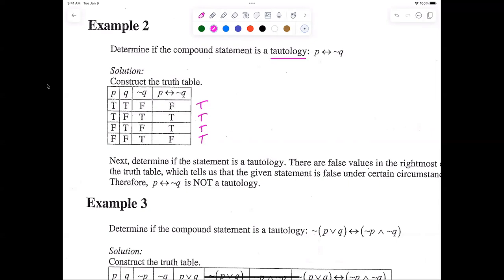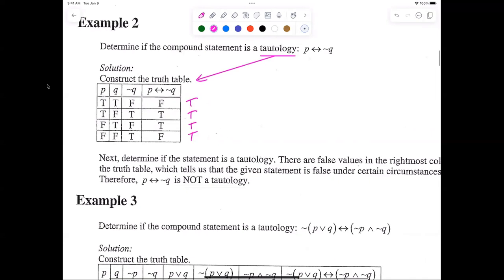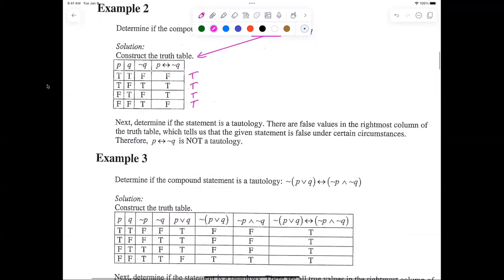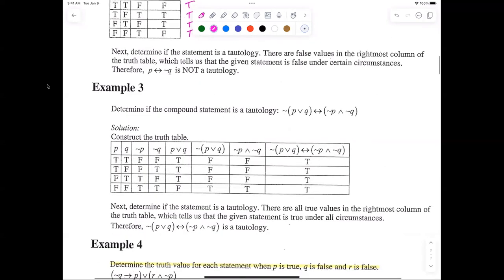So now you know the definition, tautology. If the final column in the truth table is all true, then it is considered a tautology. It's always true, regardless of the value of P and Q. And here, I almost whited these out, but I just wanted to show you an example.